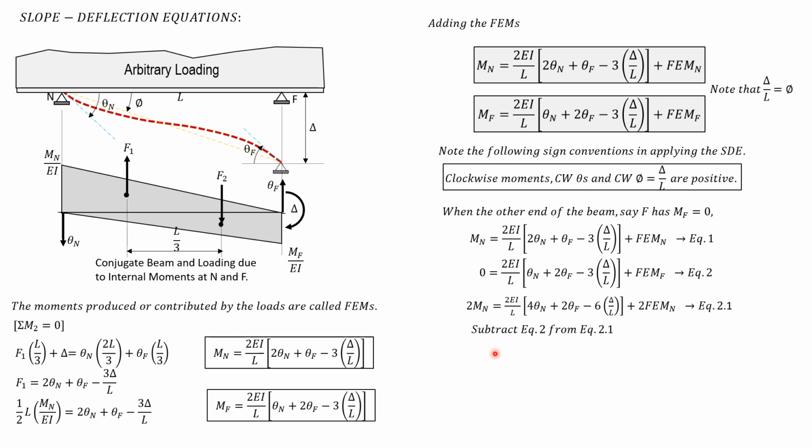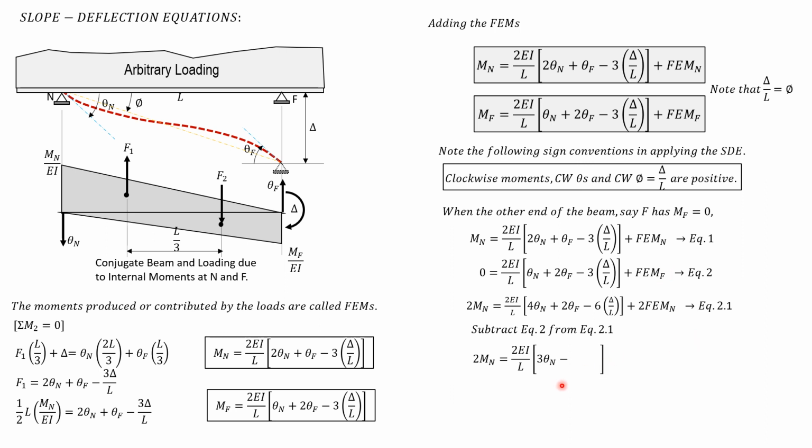So you will have 2M_n minus 0, so it remains 2M_n. Then 2EI over L, copy 2EI over L. Then we have 4 theta n minus theta n, so 3 theta n. 2 theta f will be eliminated. Negative 6 delta over L minus negative 3 delta over L will be negative 3 delta over L. Then plus 2 fixed end moment near minus fixed end moment far.